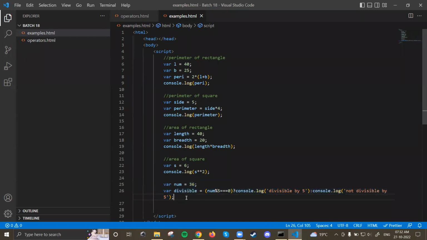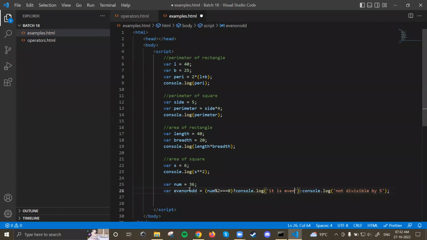So I'll make a variable, even or odd, and the condition will be: when we divide the number by 2 and we get the remainder 0, that means it is even.